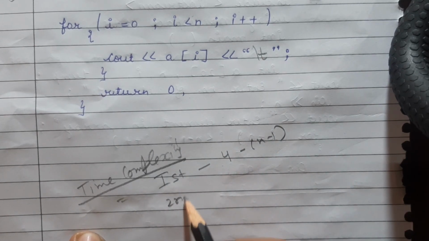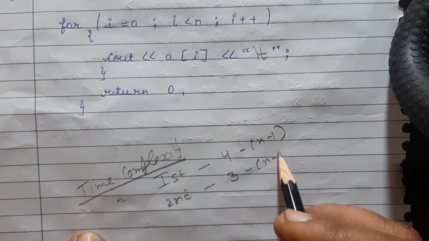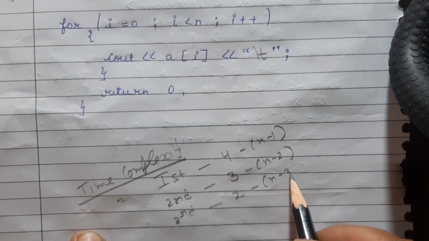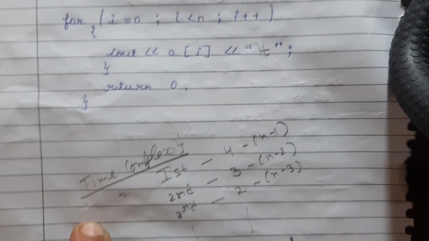In the second pass, we performed 3 comparisons, that is n minus 2. In the third pass, we performed 2 comparisons, that is n minus 3. In a similar way, in the last pass, we performed only 1 comparison, that is 1.